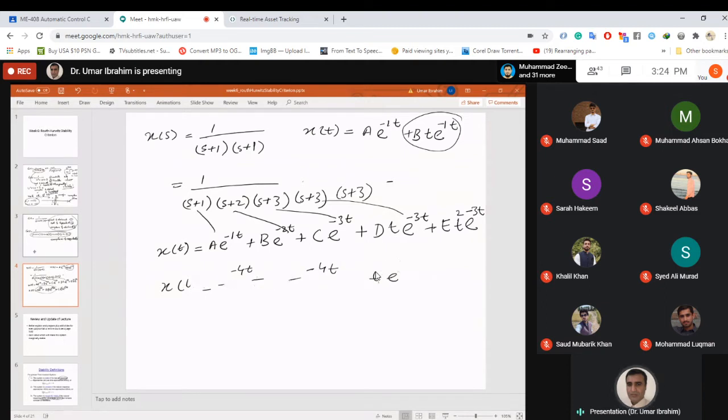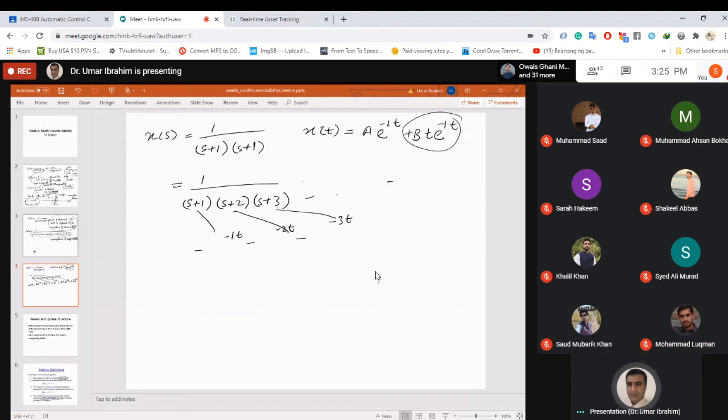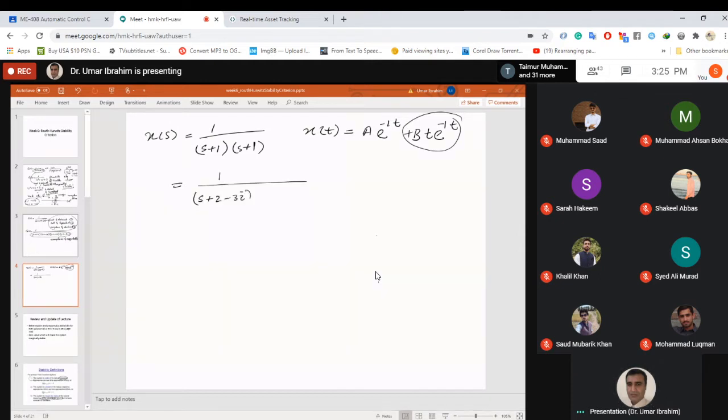Okay? Now we have the same scenario for complex poles. Just as real poles can be repeated and then t gets added, the same is the case with complex poles. S plus 2 minus 3 iota and s plus 2 plus 3 iota.